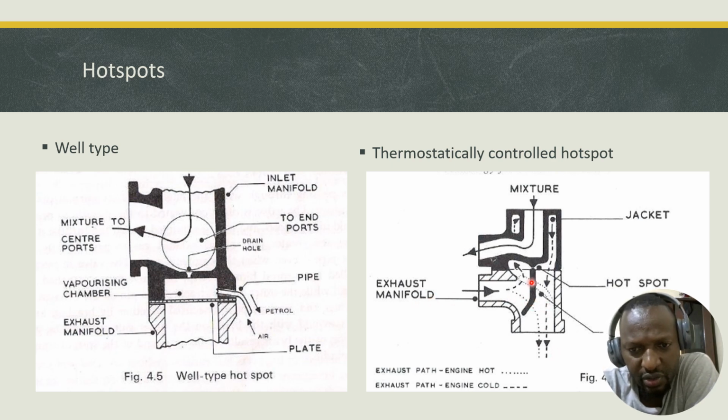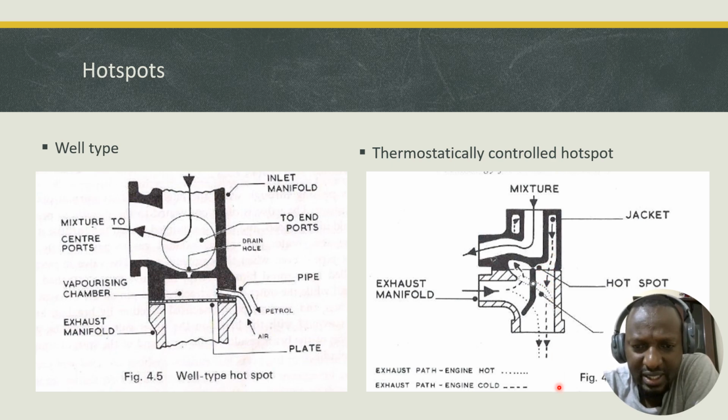So the position of the valve here can give us two paths. One is when this path is blocked here, when the engine is cold, or when we have condensation during cold time. When the engine is cold, this valve can be closed here by the thermostat, and the exhaust gases are forced to pass upwards and go around the water jacket, or other jackets here, and warm up the intake manifold, making the mixture vaporize well, and then they leave that way in the longer path.